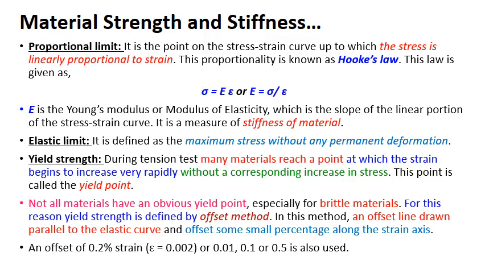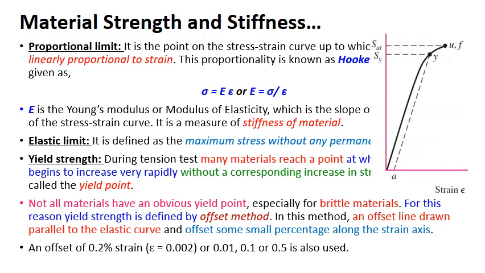A strain of 0.2% is not constant; it is not the same for all materials. For each material you have an offset strain, derived from experience in the laboratories. Sometimes it could be 0.1% or 0.5% also.